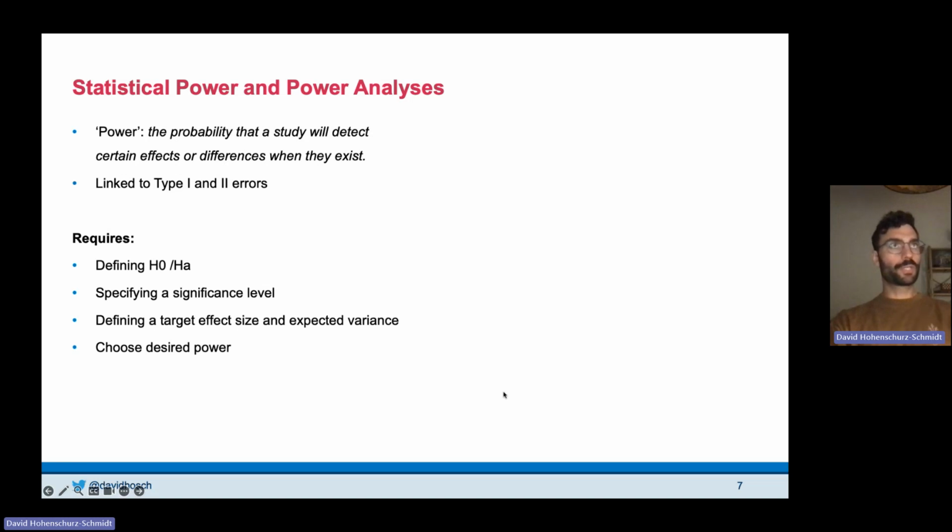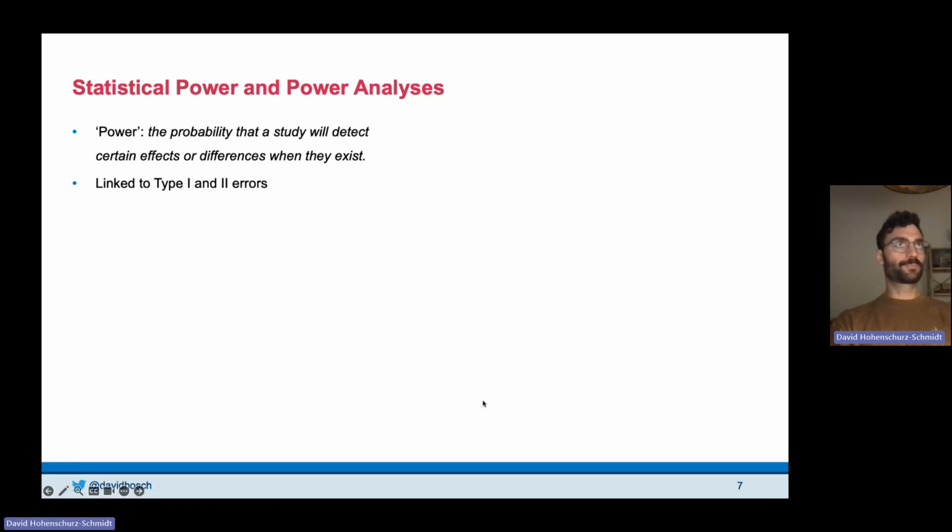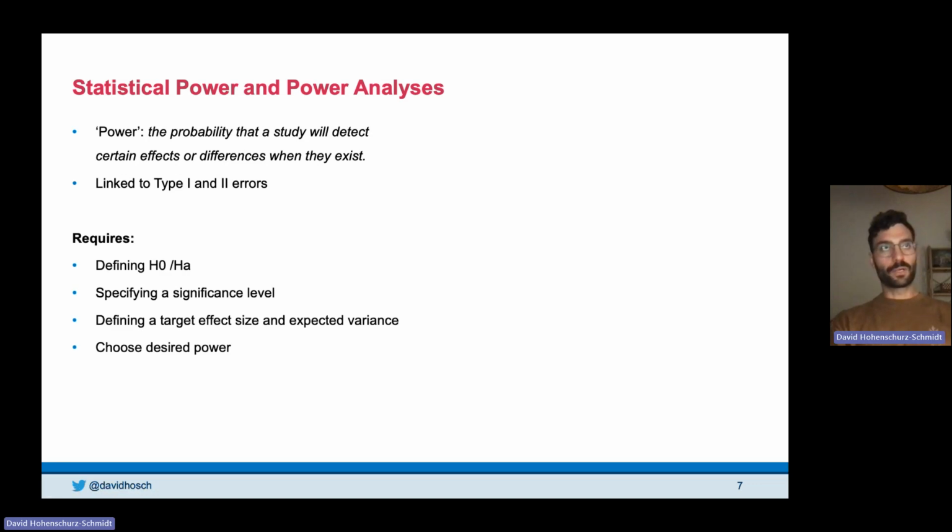You're defining your hypotheses, your null and your alternative hypothesis, and you're specifying a significance level of the statistical test that you want to use in your main hypothesis testing. So that would be the 0.05 significance level usually. And then you're defining a target effect size and an expected variance. The target effect size is the size of the difference between the groups that you're interested in.